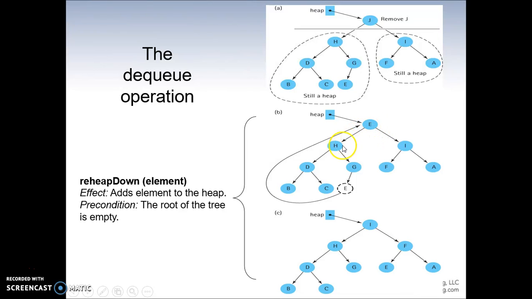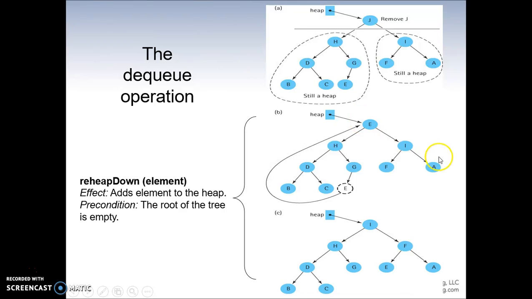So for example, after we keep the shape property, we put E there. Now we start to compare H and I. E is lower than H and lower than I, right? So we need to swap. In this case, it happens to swap between E and I, right?